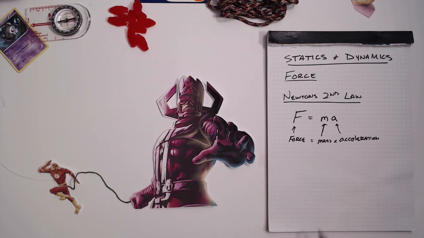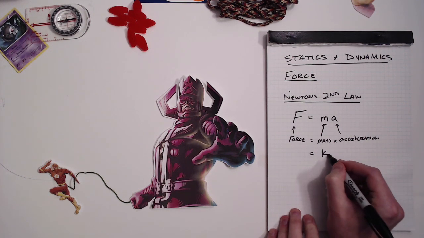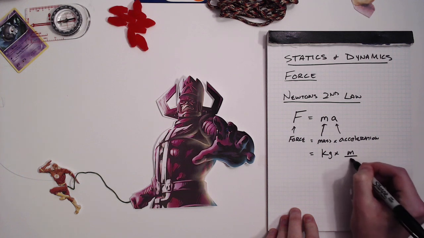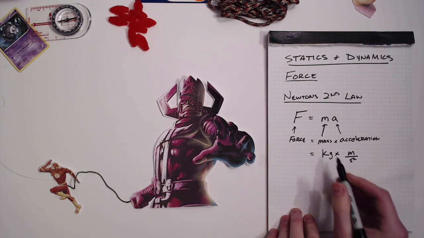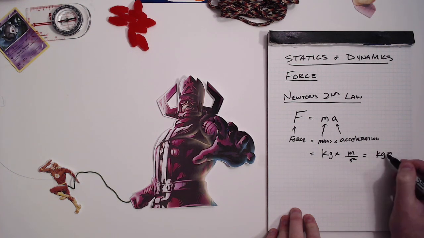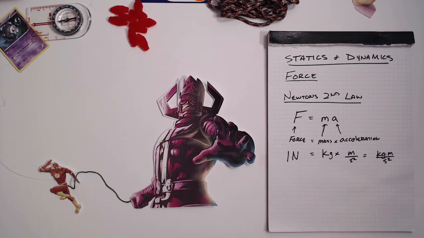So force is equal to mass times acceleration. Let's just look at units briefly. Mass, remember, is measured in kilograms, acceleration in meters per second squared, and this unit of kilograms times meters over second squared, that's the same thing as 1 Newton, or 1 capital N.